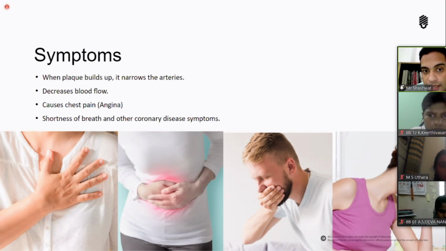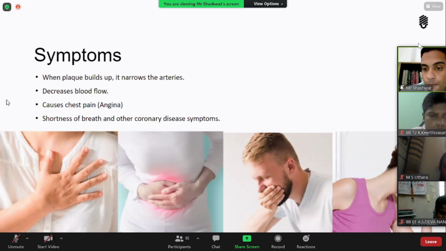If the blood flow is decreased, the organs inside our body will not get their supply of oxygenated blood. So this is the second symptom. The third one is chest pain, which we also call angina pain, shortness of breath, and other coronary disease symptoms. So these are broadly the symptoms of a blocked artery. Clear?